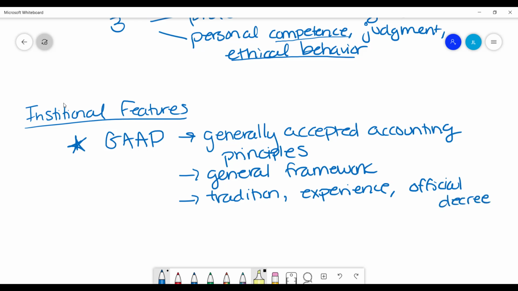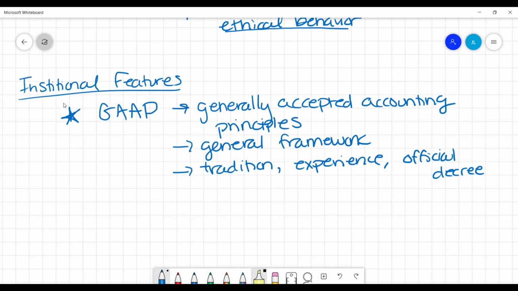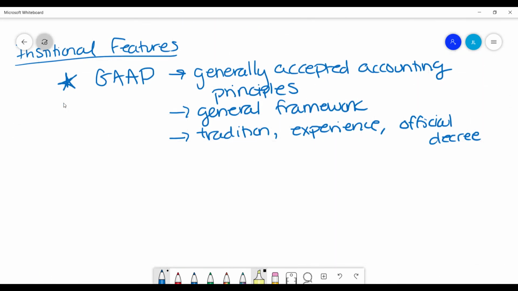Okay, so GAAP, that's basically the main idea behind GAAP. So since GAAP has this framework in place that accountants need to follow when compiling and organizing this information and presenting it, that helps to enhance the integrity of information since there is this framework that needs to be followed. Okay.